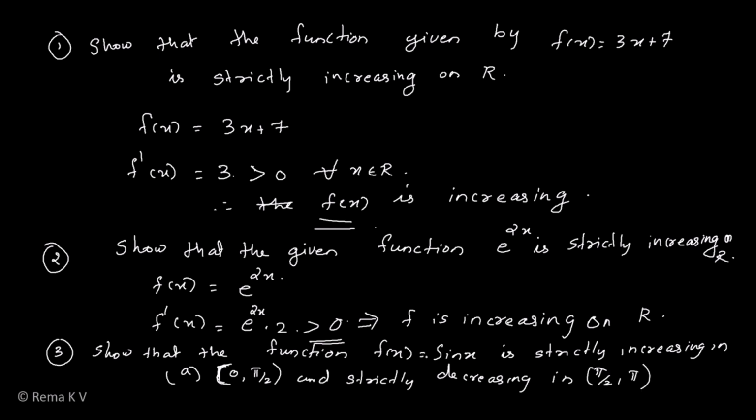So given f of x is equal to sin x, which implies f dash x is equal to cos x.